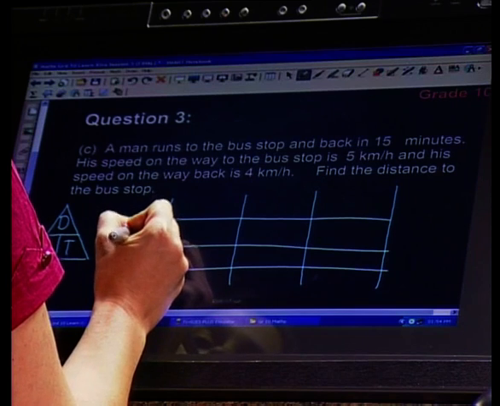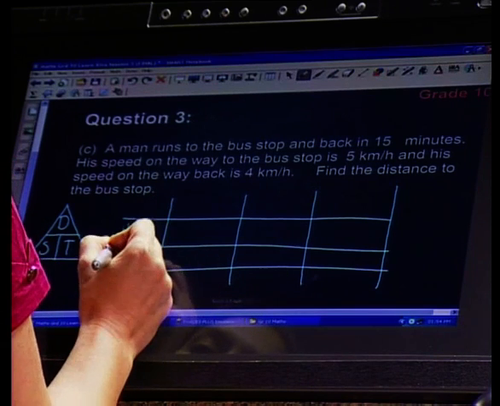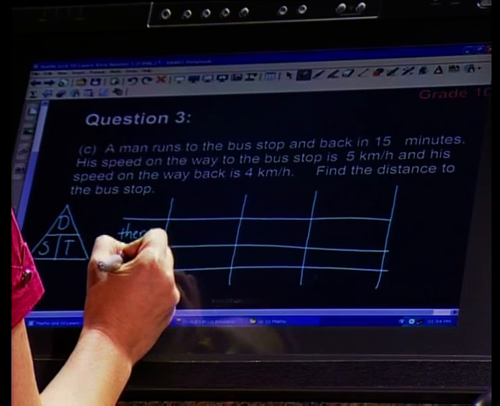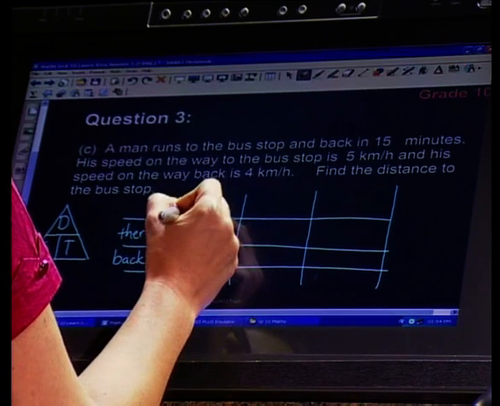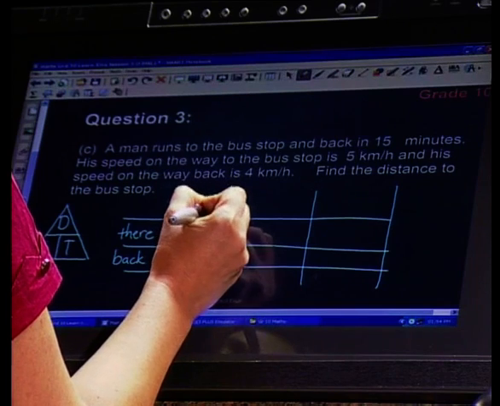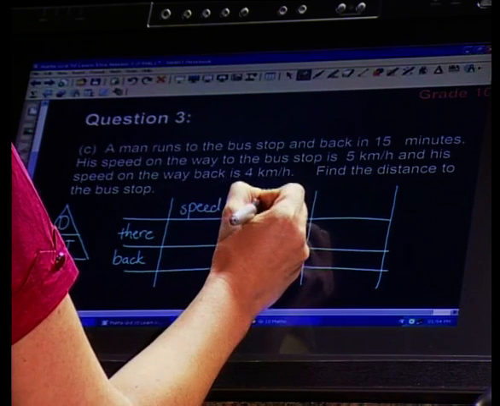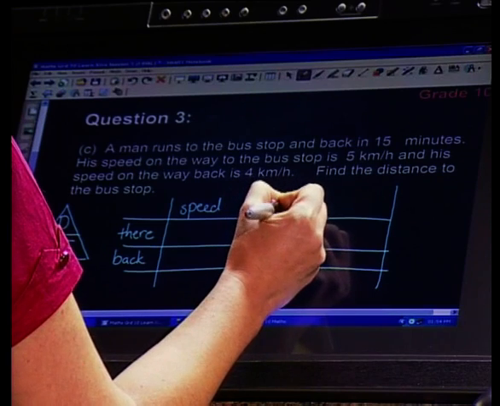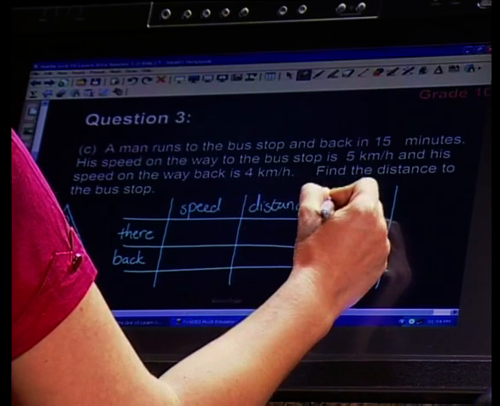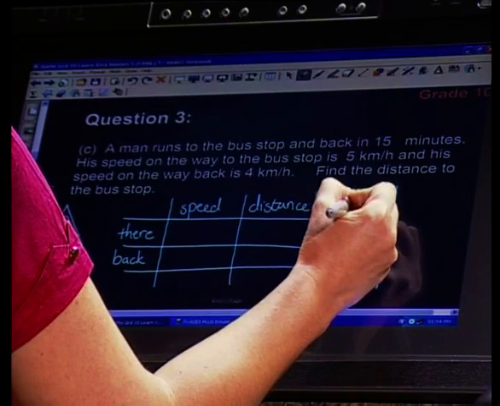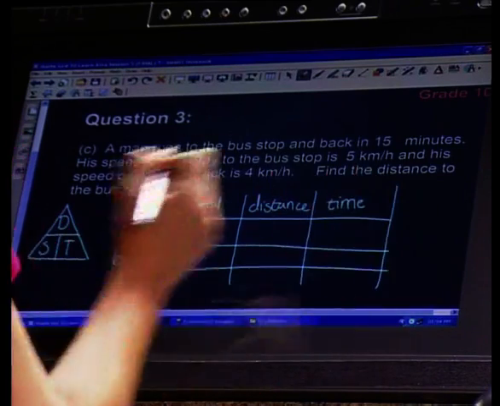So we're talking about the walk there and the walk back. We've got speed, the distance, and the time.